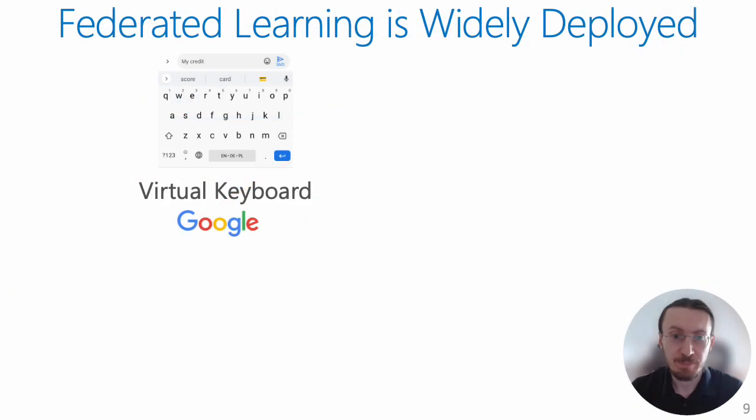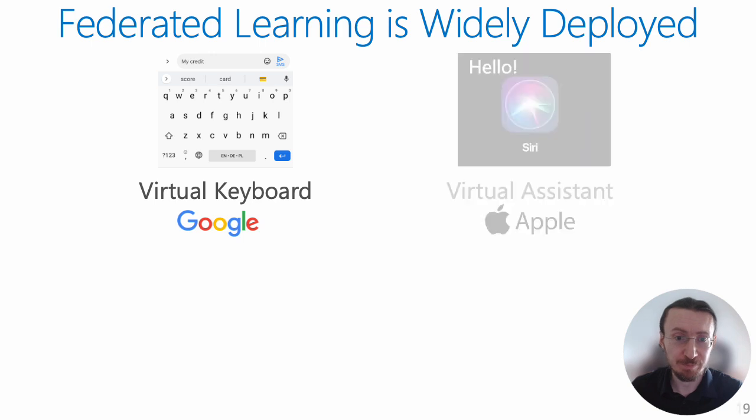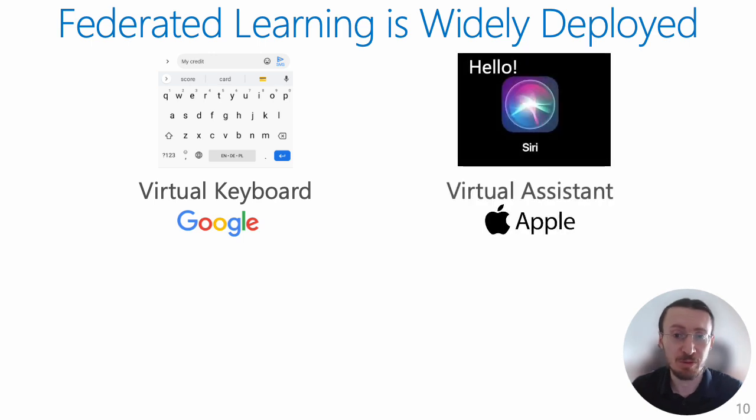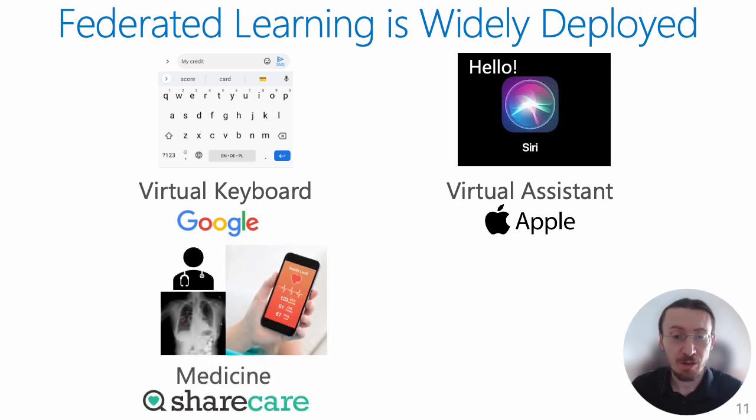Now, let's talk a bit more broadly about where it is deployed. Apart from next word prediction in virtual keyboards on our smartphones, it's also used, for example, by Apple to improve the voice recognition system, such as Siri. Collaborative learning is also used by many hospitals to enable collaboration without revealing patients' private data.